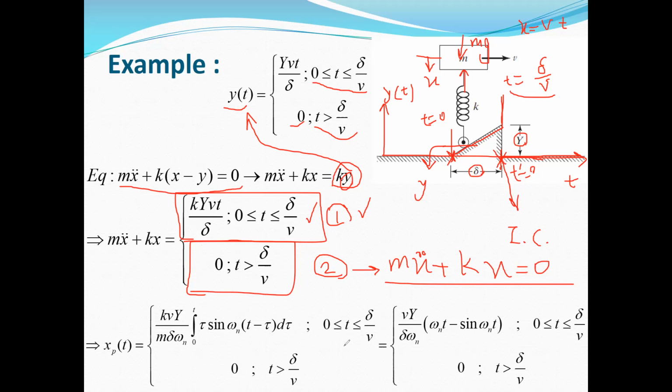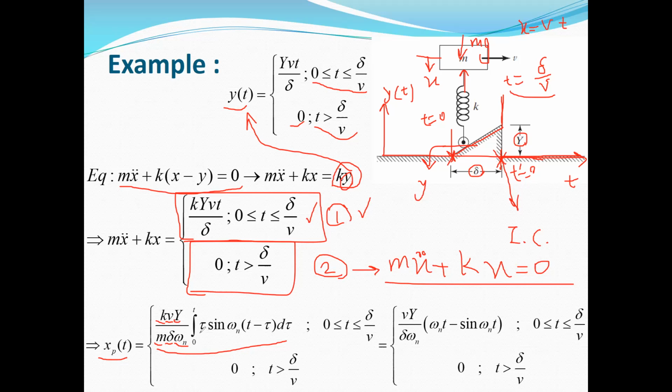As you can see, when t is between 0 and delta divided by v, the particular response is equal to this formula, which is the convolution integral. k, v, y are all constant values. k is the stiffness, v is the velocity of the system, and y is the height of this bump. m is the mass of the system, delta is the length of the bump, and omega n is the natural frequency of the system, equal to the square root of k divided by m.